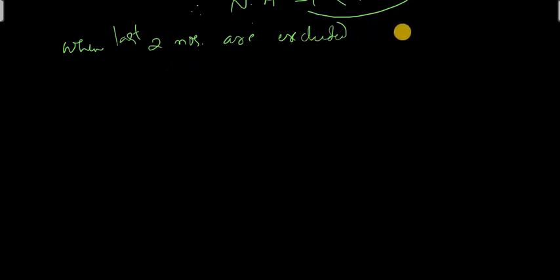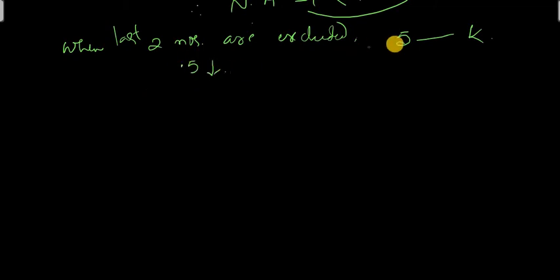For 5 consecutive numbers, when the last two numbers are excluded, the average decreases. For each number excluded, 0.5 is decreased.